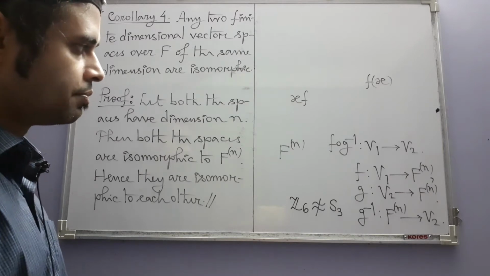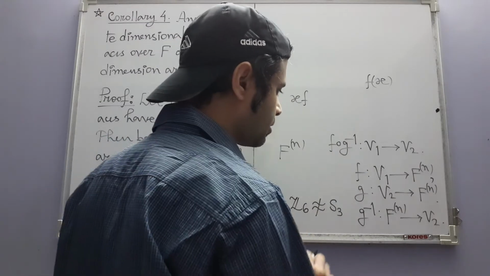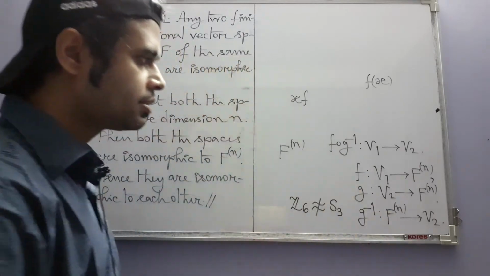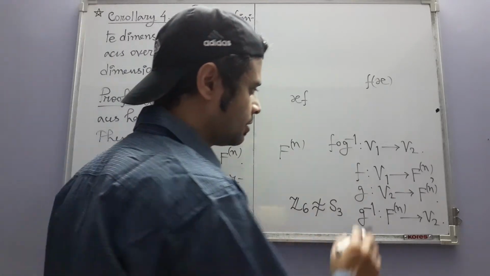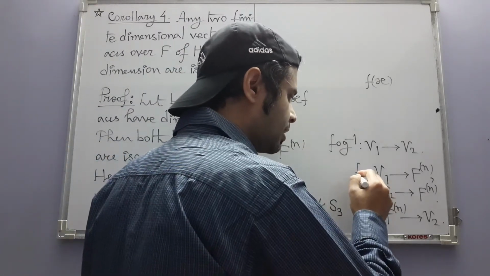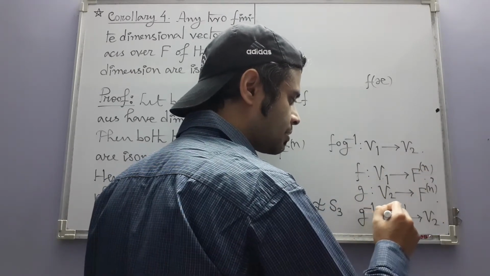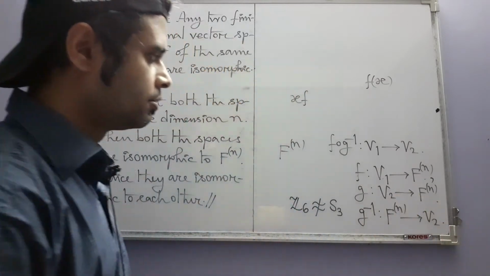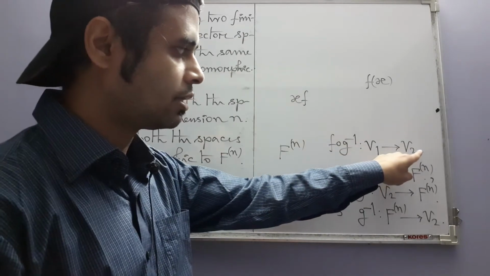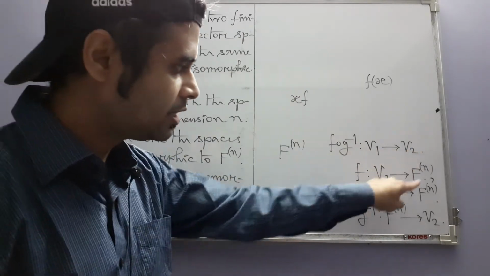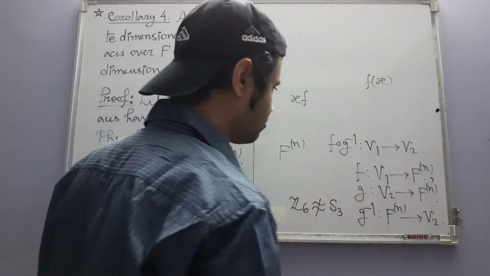So that is why our composition looks like this. The composition follows the natural order in which the functions are acting on the sets. For example, f takes us from v1 to fn, and then G inverse takes us from fn to v2, so that f composition G inverse ultimately takes us from v1 to v2. That intermediate thing is there, of course, we understand, that is how this composition has been defined.